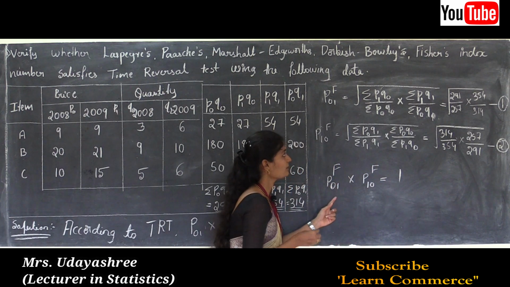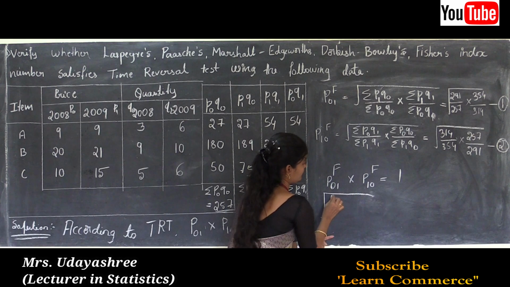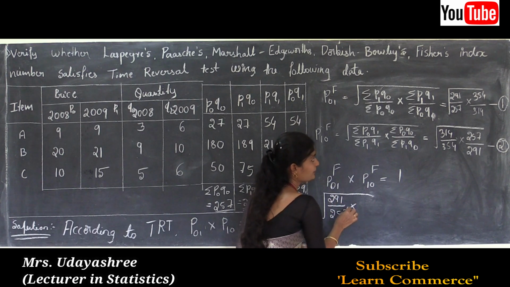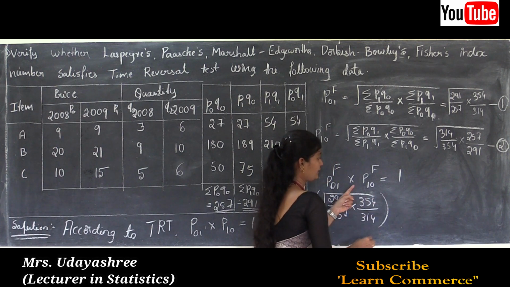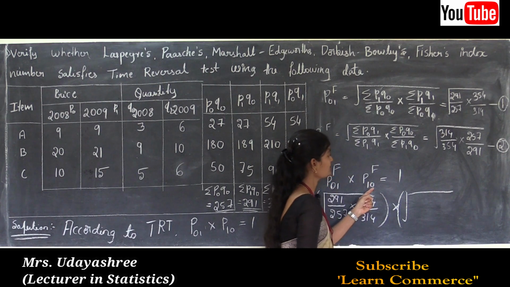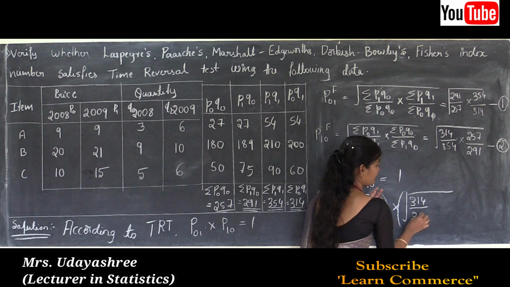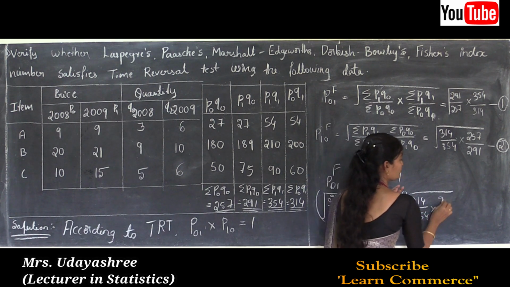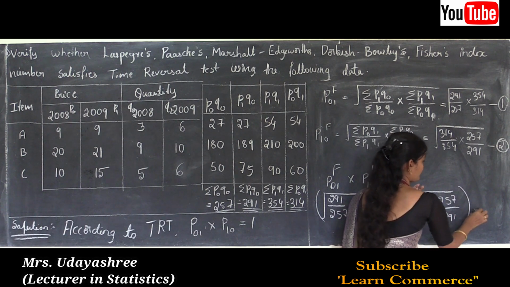Fisher's price index number is the square root of 291 divided by 257 into 354 divided by 314, into the square root of 314 divided by 354 into 257 divided by 291. This is equal to 1.